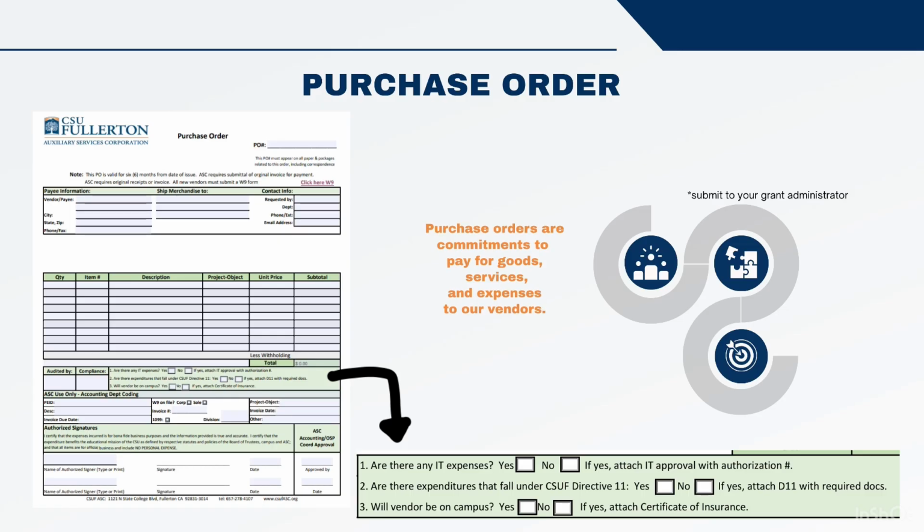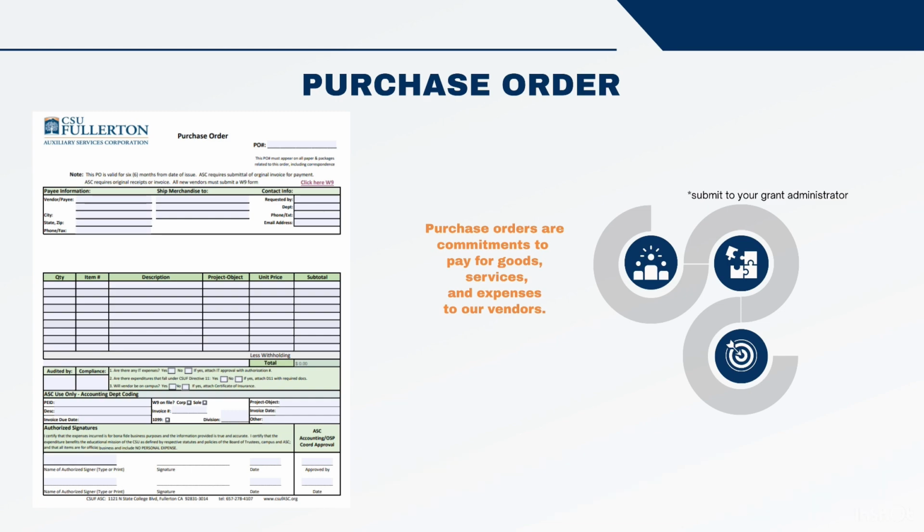If you're purchasing any computer items, please check off the box where it says IT authorization, and also provide the authorization documentation. If you're purchasing an item over 5,000, you also have to provide an approved sole source bid form.